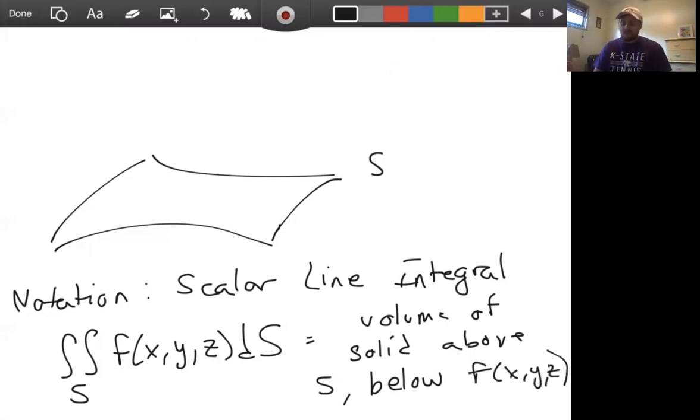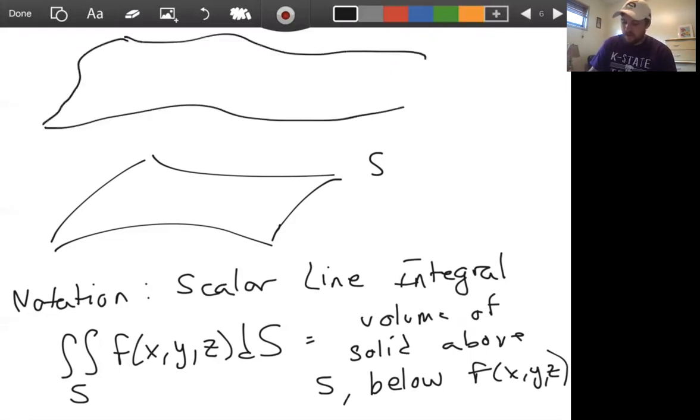And so how do we understand this here? Well, we have a surface S. We're looking at some function, however it's behaving, f of x, y, z.